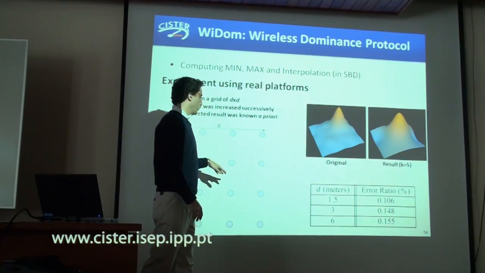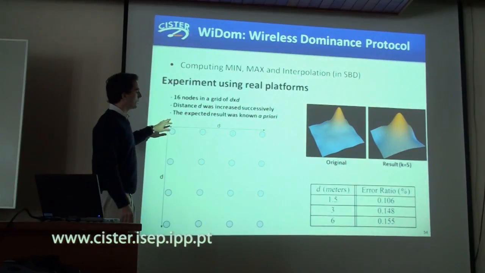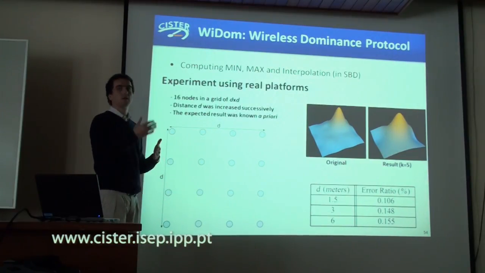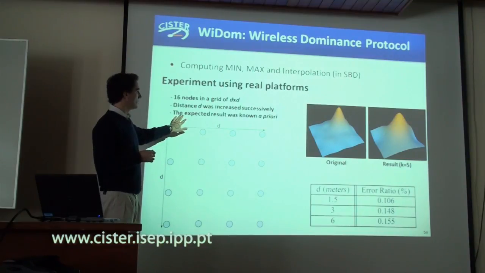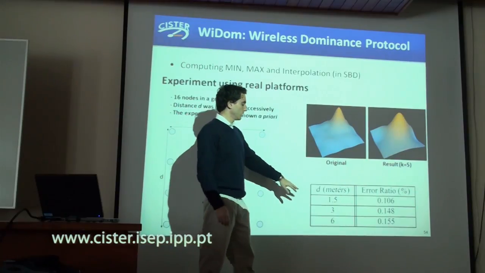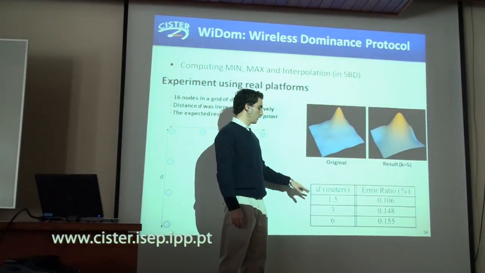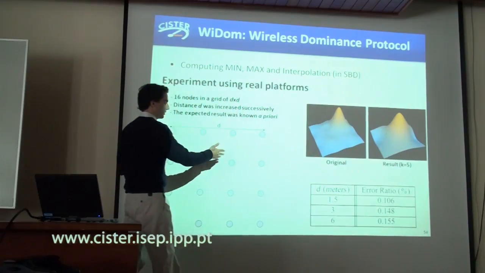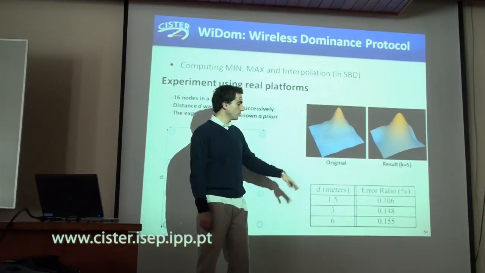Okay? So what we've done is we have a fixed signal, and we have nodes getting the points of the iteration repeatedly. We knew what the result was, and we measured how many times we would fail to get that result, and we varied the distance between the nodes from 1.5 to 6 on a 6x6 grid.